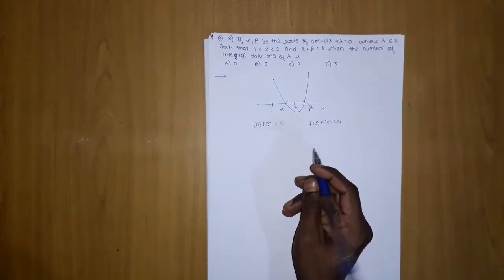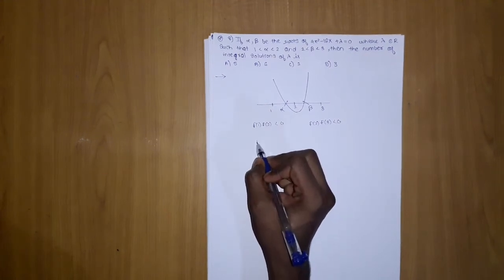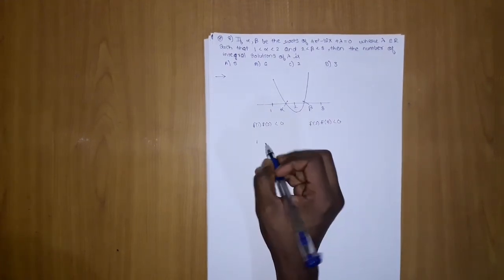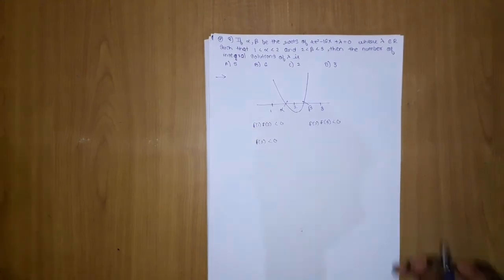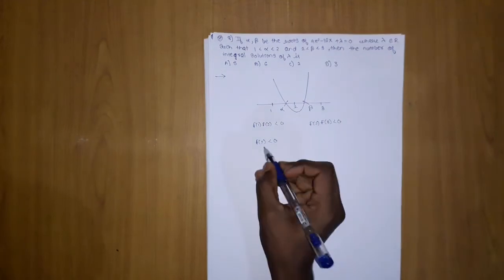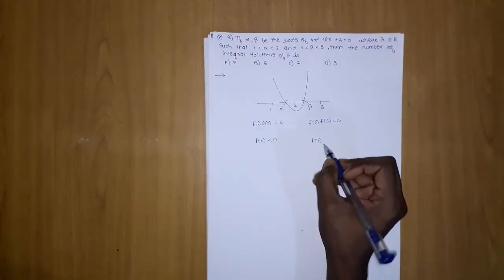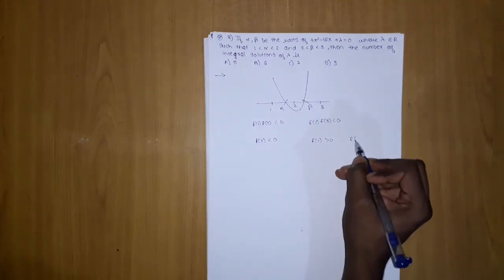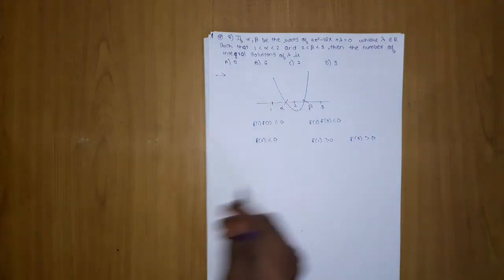But what I prefer is this: 2 lies between alpha and beta, so f of 2 should be less than 0 for a greater than 0. Further, f1 will be greater than 0 and f3 will be greater than 0. We will apply these conditions.